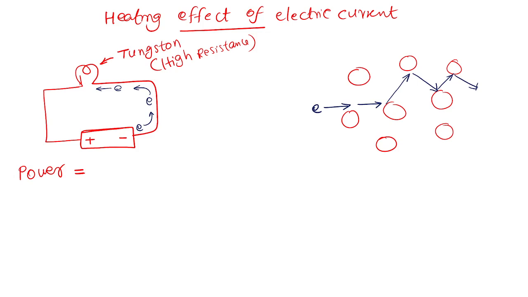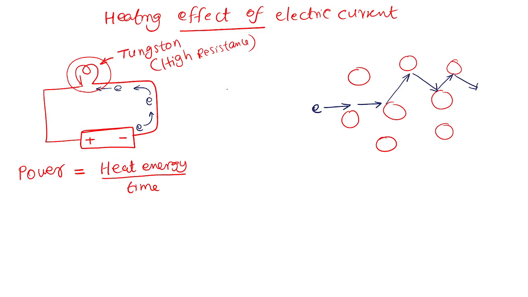What is this watt? What is the unit of power? If I am using a bulb, the power is the heat energy generated. The light generates which kind of energy? Heat energy. Heat energy developed divided by time. In 1 second, how much heat is developed by the bulb? That is power.